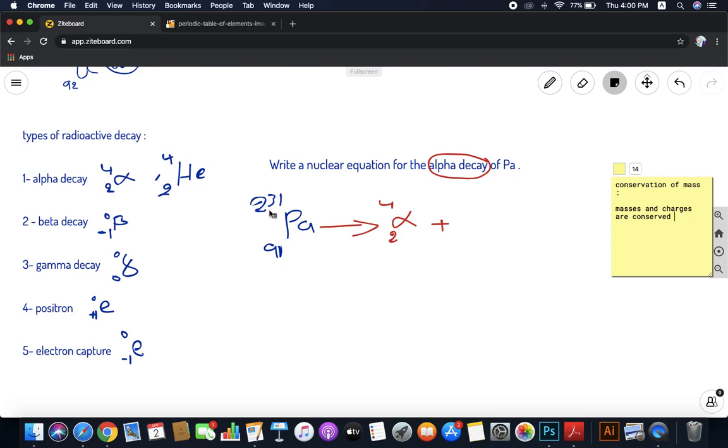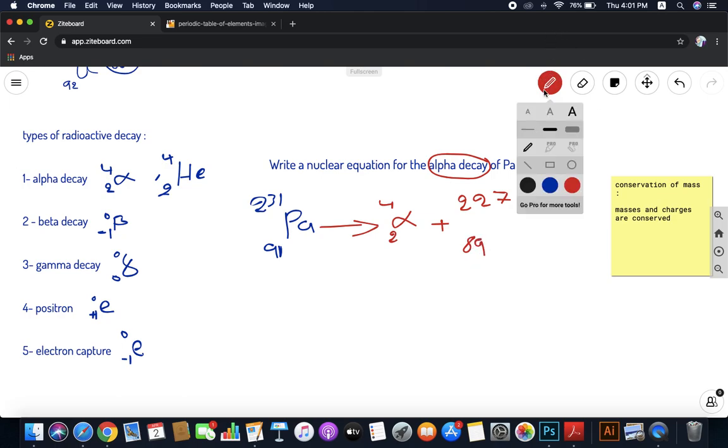Now if this one is 231, you took here 4, so the rest will be 227. And here it's 91, you took 2, so it's 89.